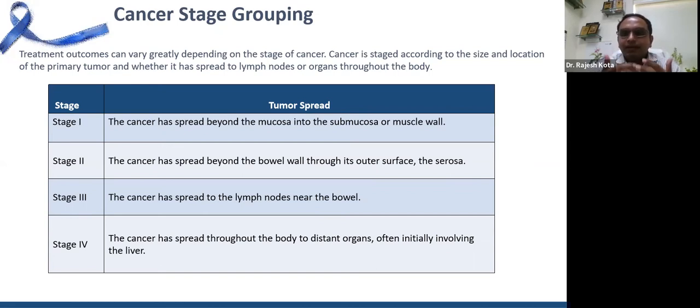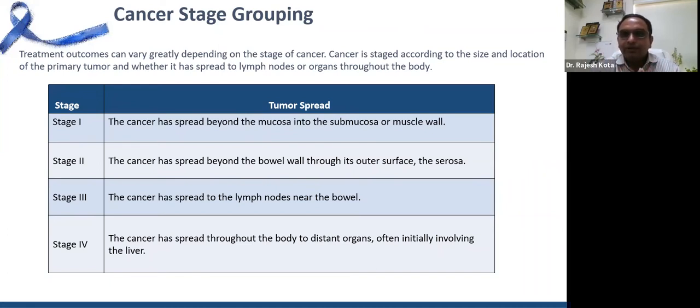If the cancer has spread from the point of origin to far away places or distant organs, to organs that are not related to the point of origin or the source of the cancer, we call those incurable cancers. So stage 4 is the highest stage, where we see that the cancer has spread throughout the body to distant organs.